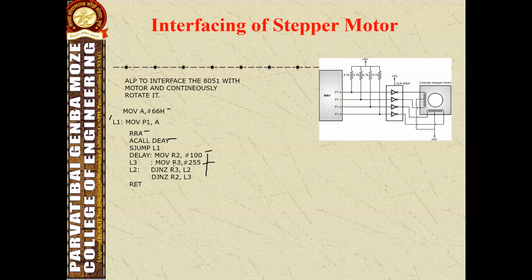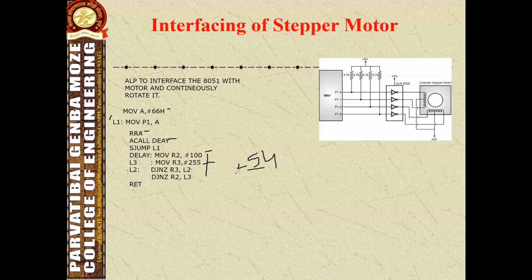So it proceeds with the same operation. It will first decrement, so it becomes 254, and this is not a 0 value, so it will jump to L2. L2 is where it will come again. Here we are just creating a delay.